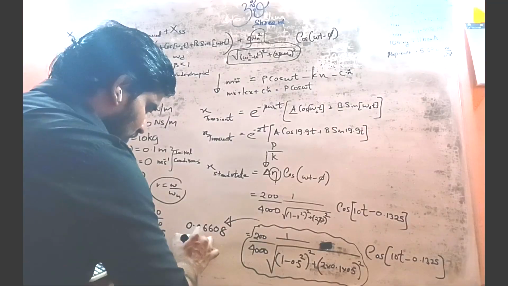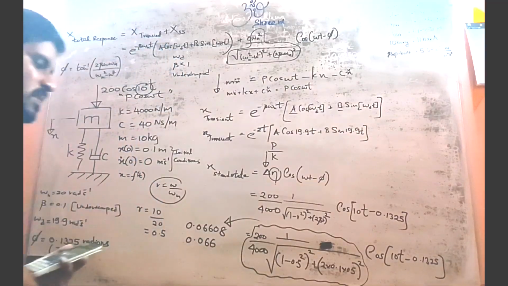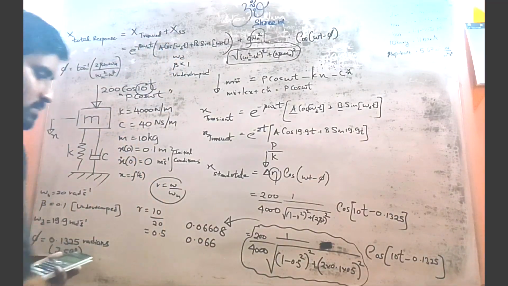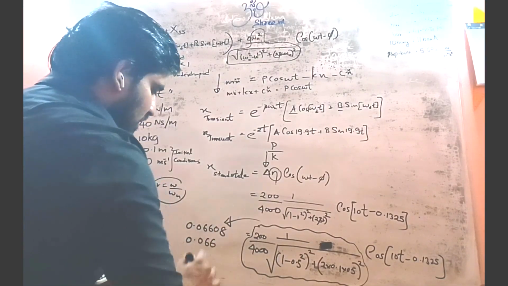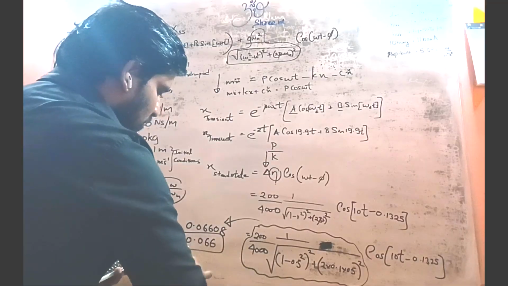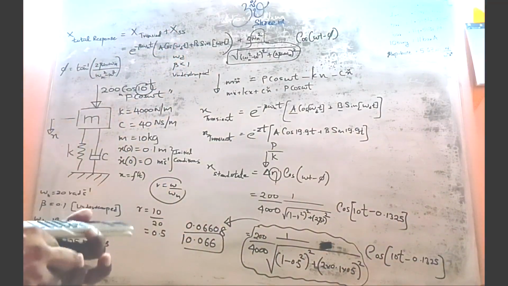It's better to call it 0.066, or if you want, you can even call it 0.0661, but it doesn't matter. Let's consider 0.066, so that is better.